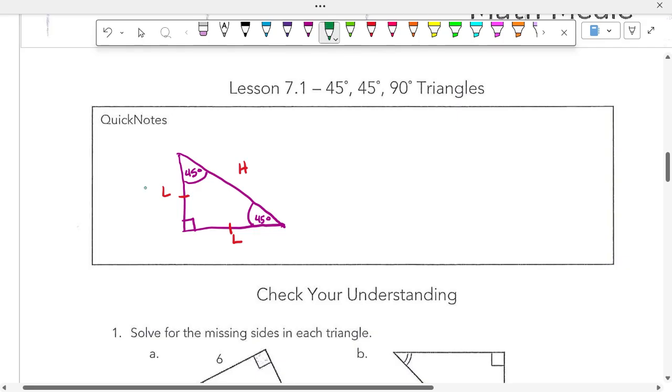If your legs are equal to A and A, so they're the same length, the hypotenuse will be equal to A square root 2. So in other words, if you go from leg to hypotenuse, you would take the leg and multiply it by the square root of 2.